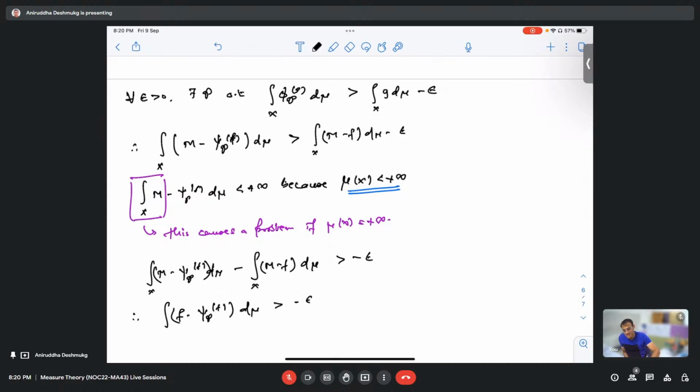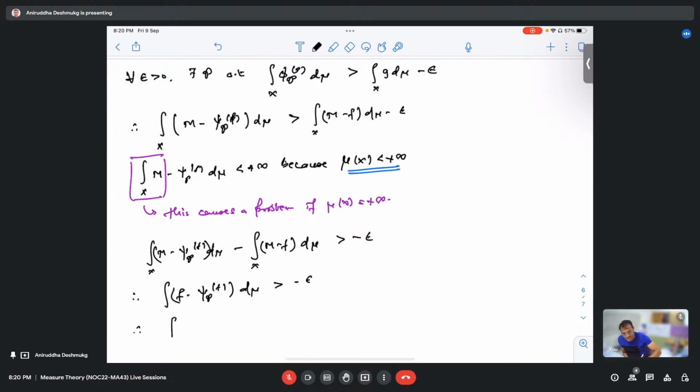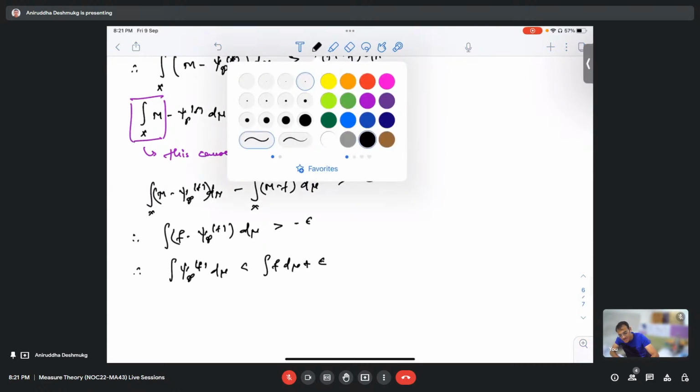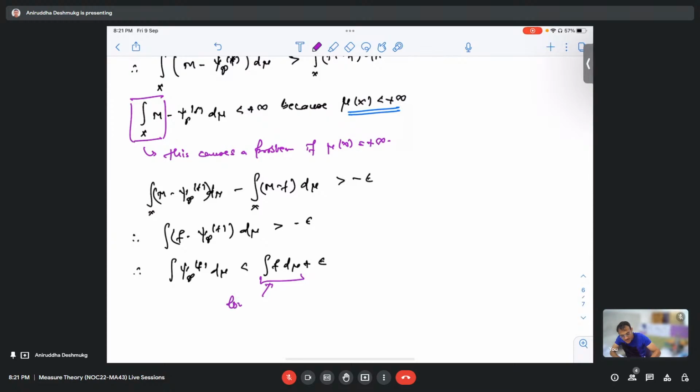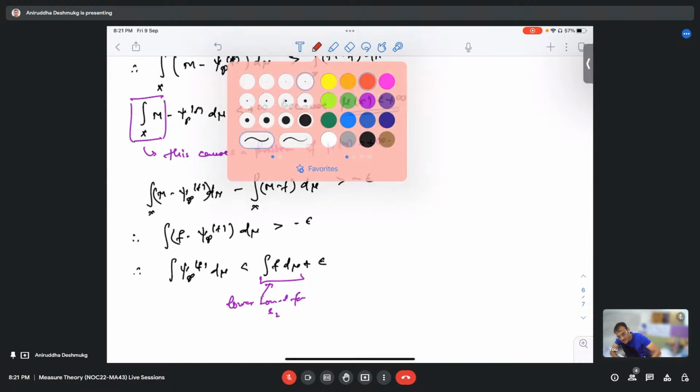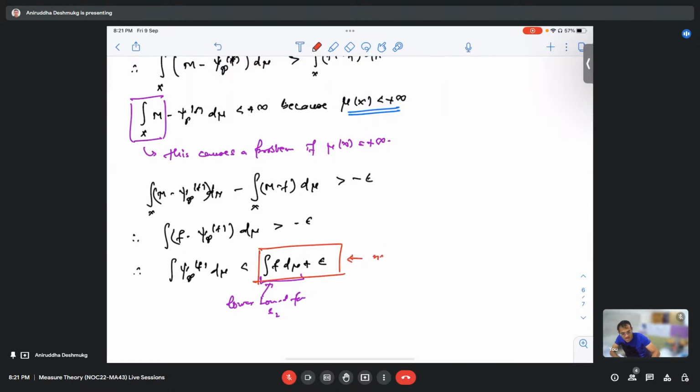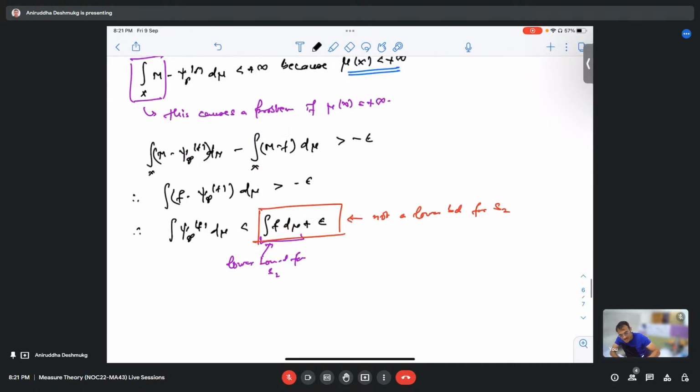Or what is the same, integral of C_P f d mu is less than integral of f d mu plus epsilon. So this was a lower bound for S2, but this whole thing together with this plus epsilon is not a lower bound for S2. What does this mean? Can I say that infimum of S2 is equal to integral of f d mu?